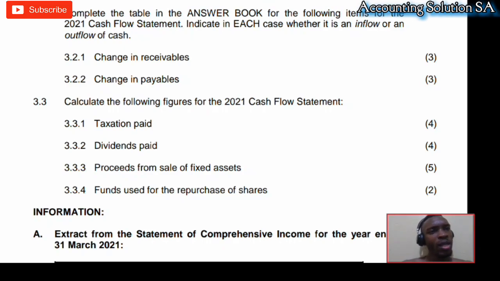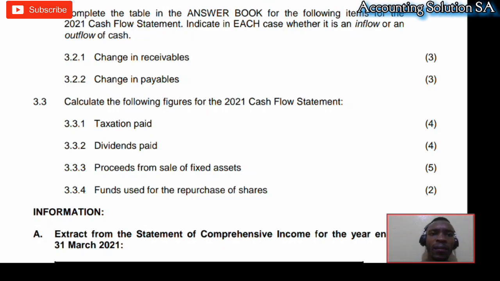Indicate whether it's an inflow or outflow, because that's where you will earn the 3 marks. If you don't indicate whether it's inflow or outflow and you just write a positive amount, they will either assume that it's an inflow or they don't give you marks at all. Please make sure that you indicate that.